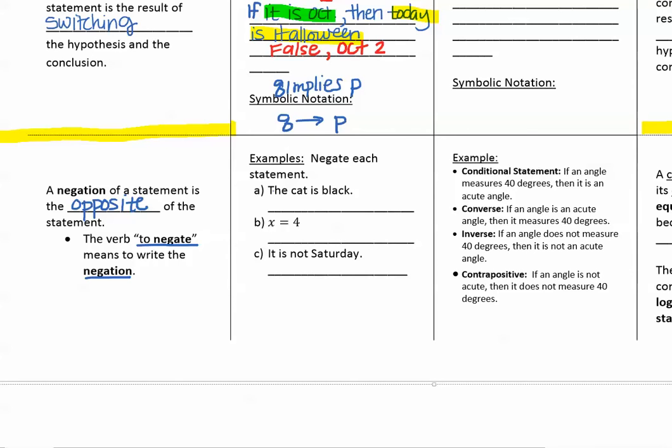Examples: negate each statement. The first one says the cat is black. Well, if you're thinking like changing the color from black to the opposite of black, it's not like that. We're just going to say that the cat is not black. So really we're just going to write it and put the word not in there.